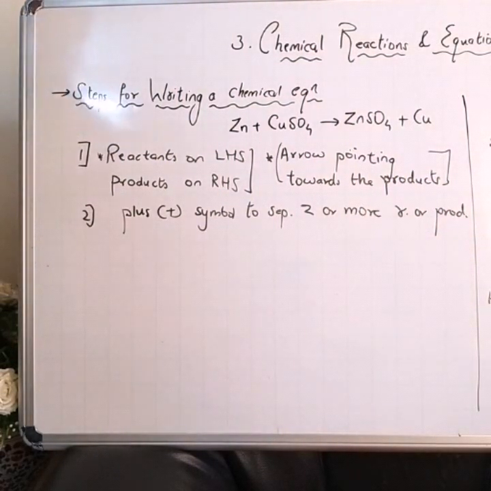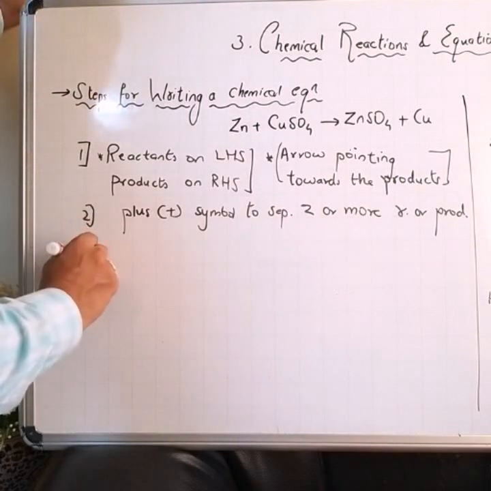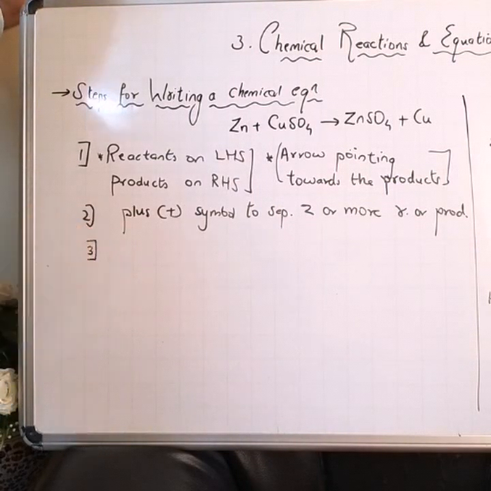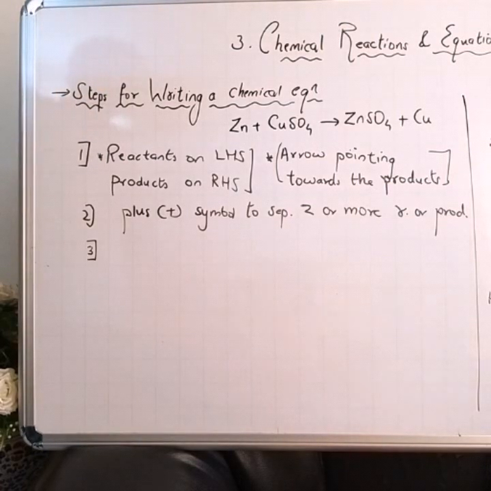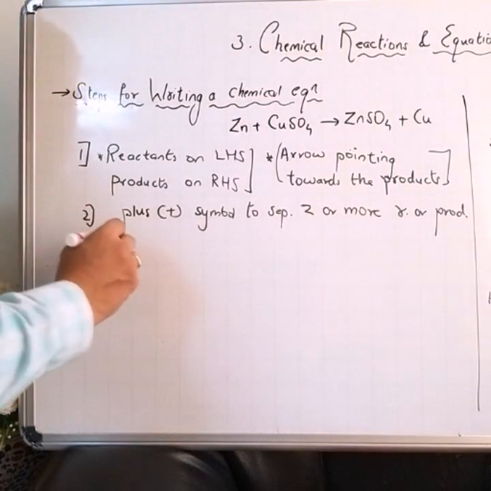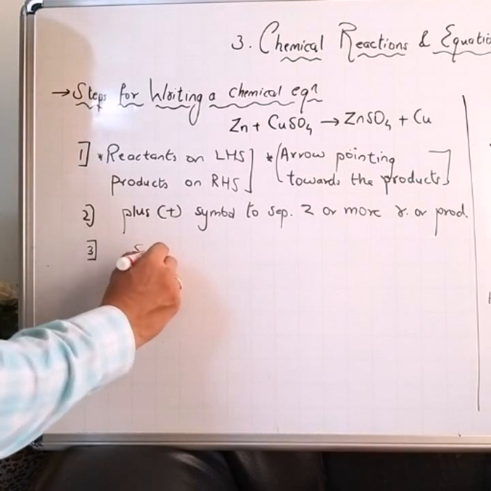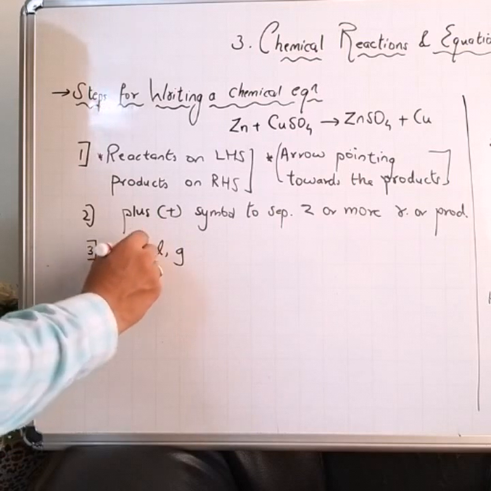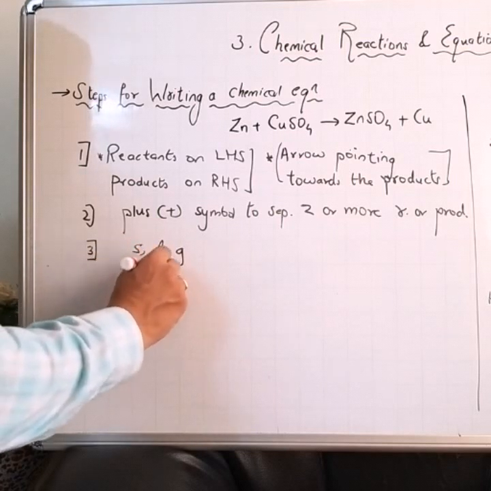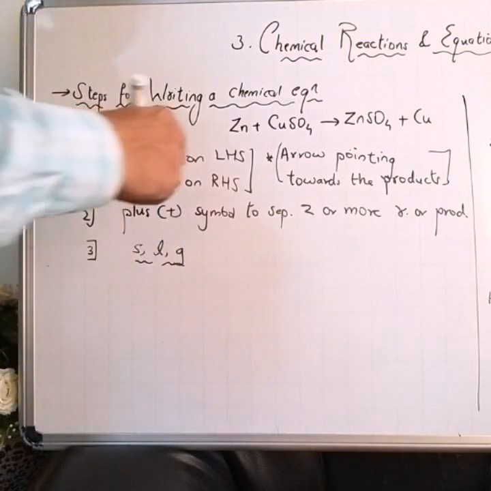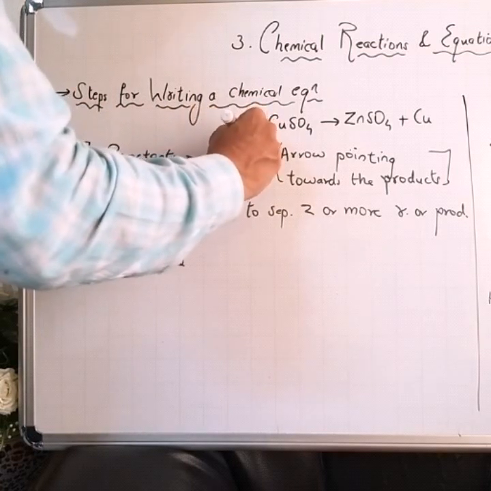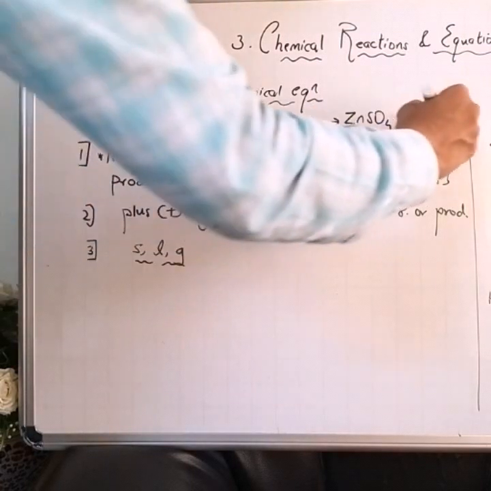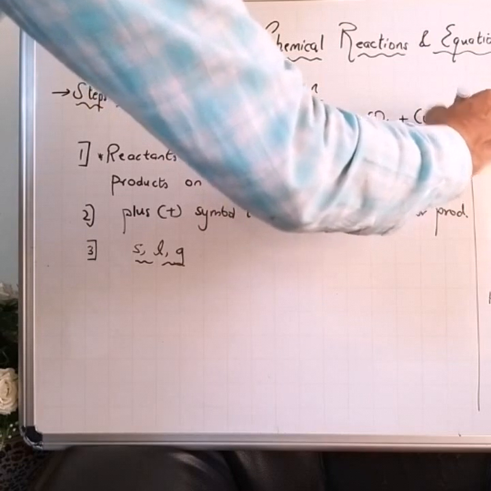Now the third step is to mention the physical states of all the reactants as well as products. Means whether the substance is in solid state, liquid state or gaseous state. Okay, accordingly you should write a subscript. Like zinc is in solid state, so I'll write S over here. Copper is also in solid state, so I'll put S over here.